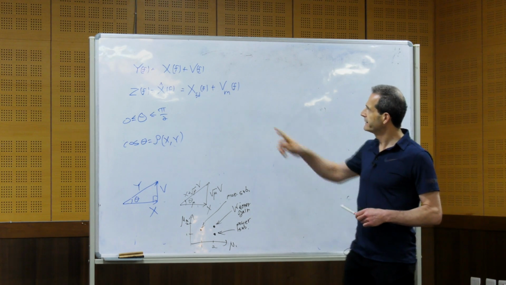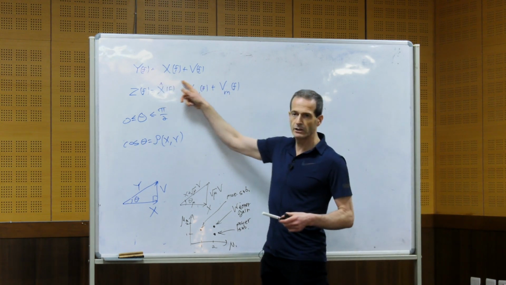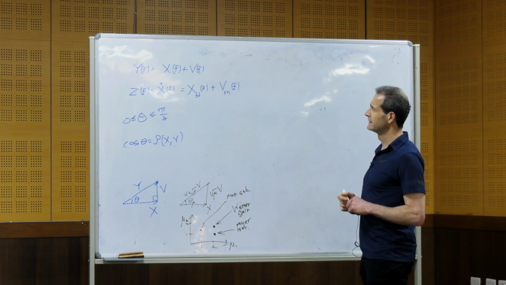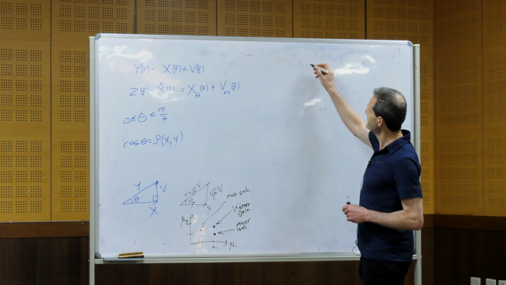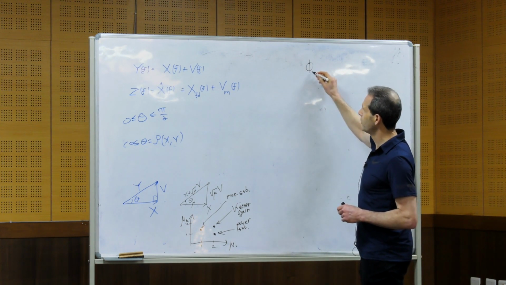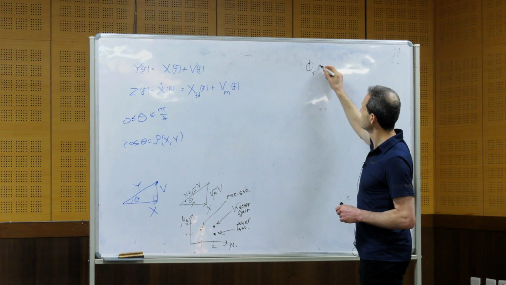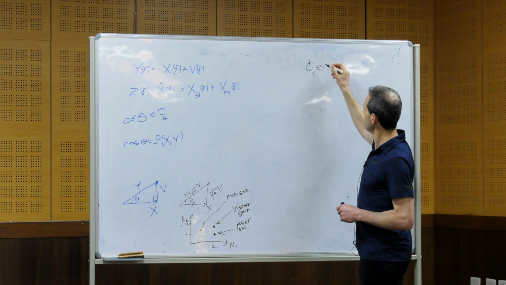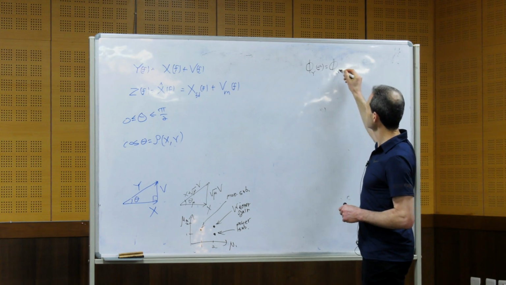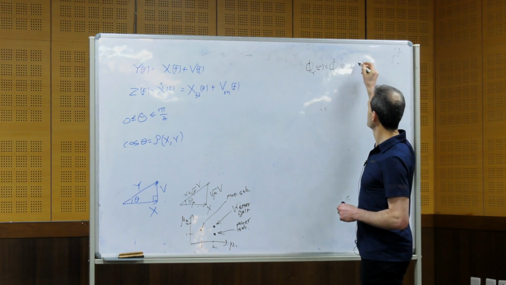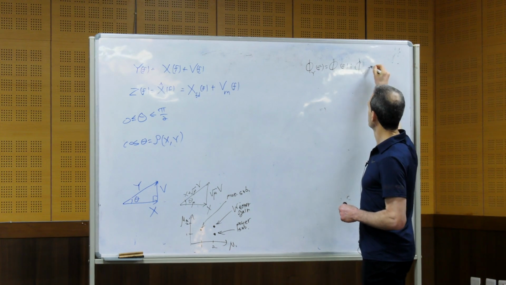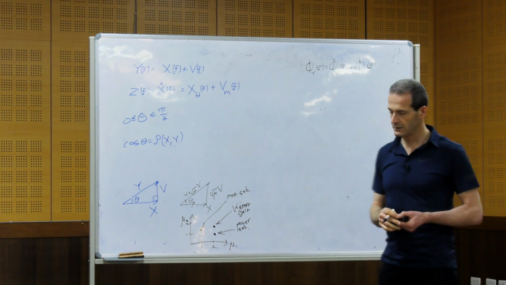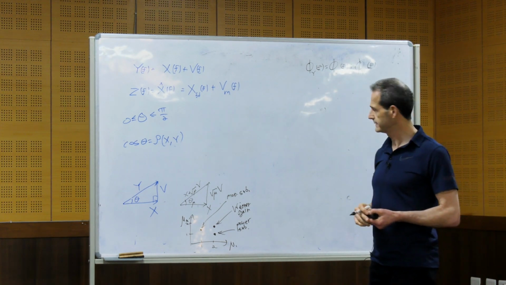It means that we take this model and we say that we can write that the variance of y equals the variance of x plus the variance of v, right? Because x and v are uncorrelated.